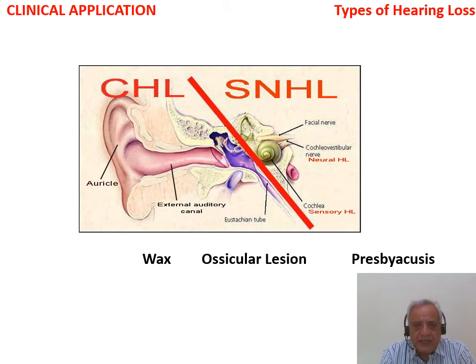Of course, there are other causes like trauma to the cochlea, like acoustic trauma by sound, those who are exposed to loud sound. At one time they will complain of hearing loss. An example of a neural cause is the presence of a tumor on the auditory nerve. So these are some examples so that you can appreciate the causes of hearing loss.